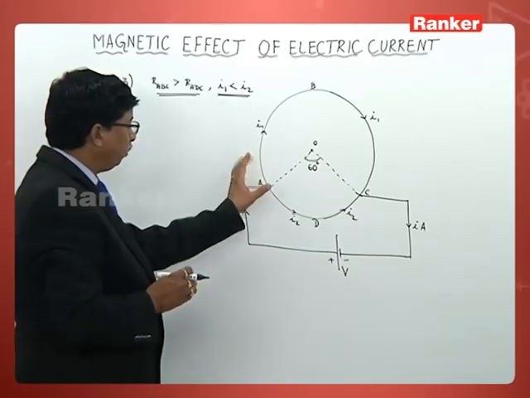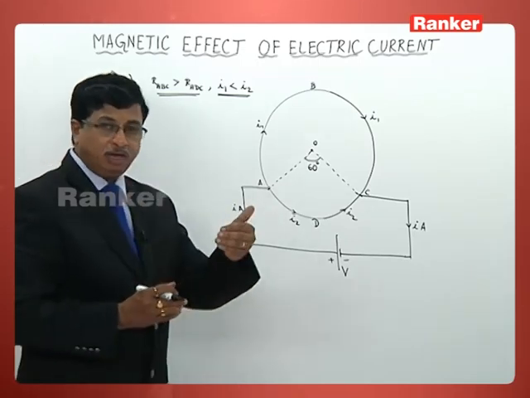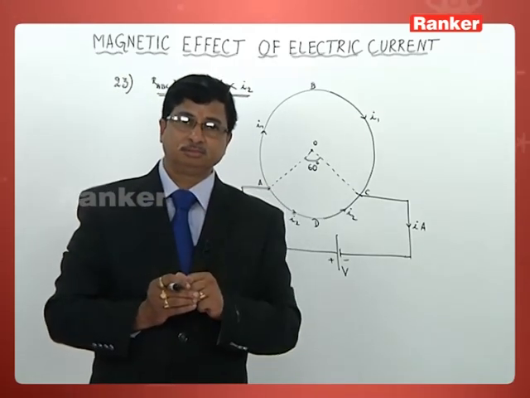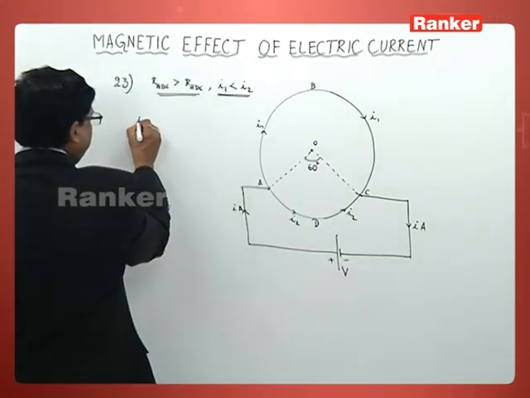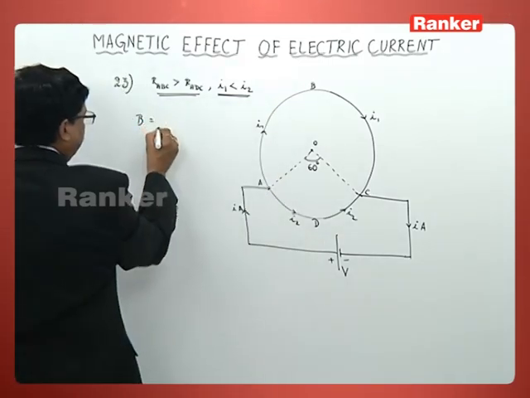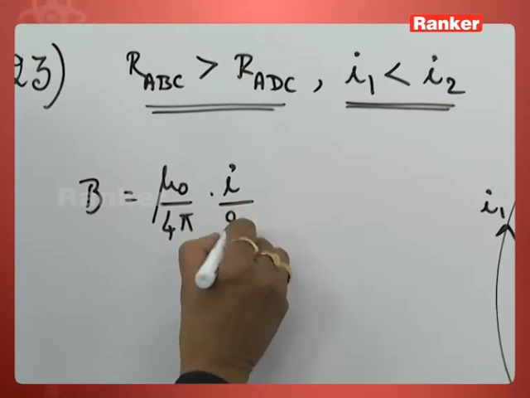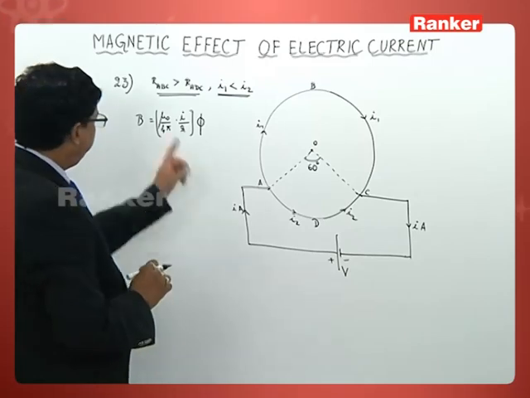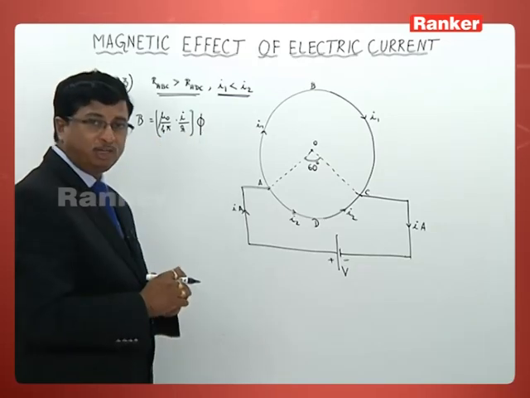So, first and foremost, to calculate magnetic induction, we can calculate the values of currents in terms of resistances. That is a concept. So, in reality, magnetic induction at the center of a circular current carrying conductor is mu naught by 4 pi, I by R, into phi. Phi is the angle. You can certainly understand that this is the formula actually.